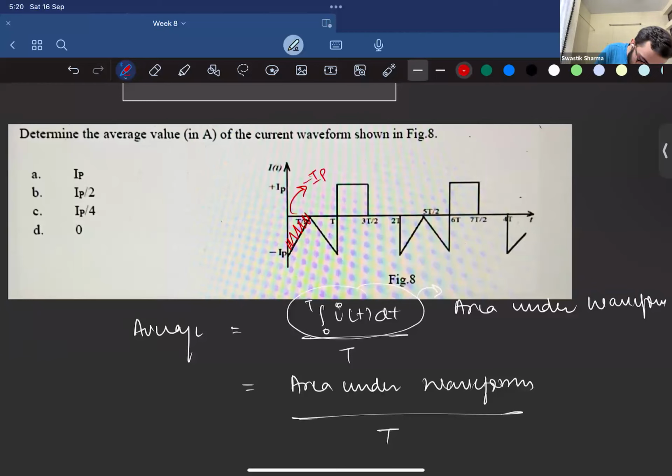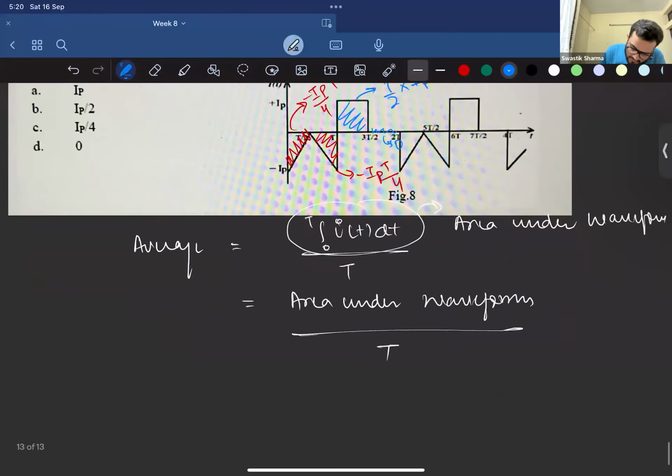So this would be minus Ip T by 4. Similarly for this also, it's minus Ip T by 4. What is this going to be? It's T by 2 into Ip, right? So that's it. This part is 0.